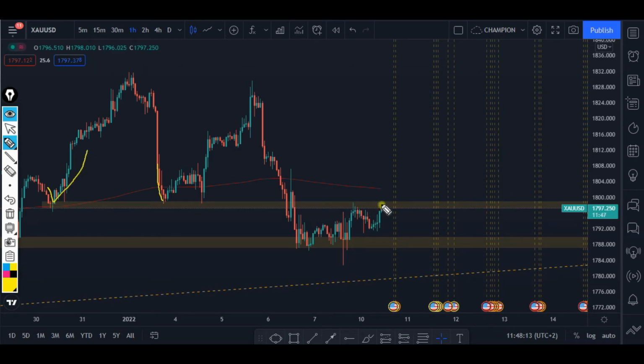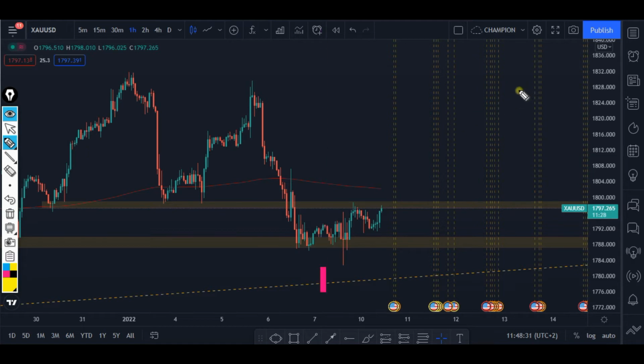That's when it will break, push high, retest to create this zone as a support, so that you can place your buys here. I hope you get what I'm saying.